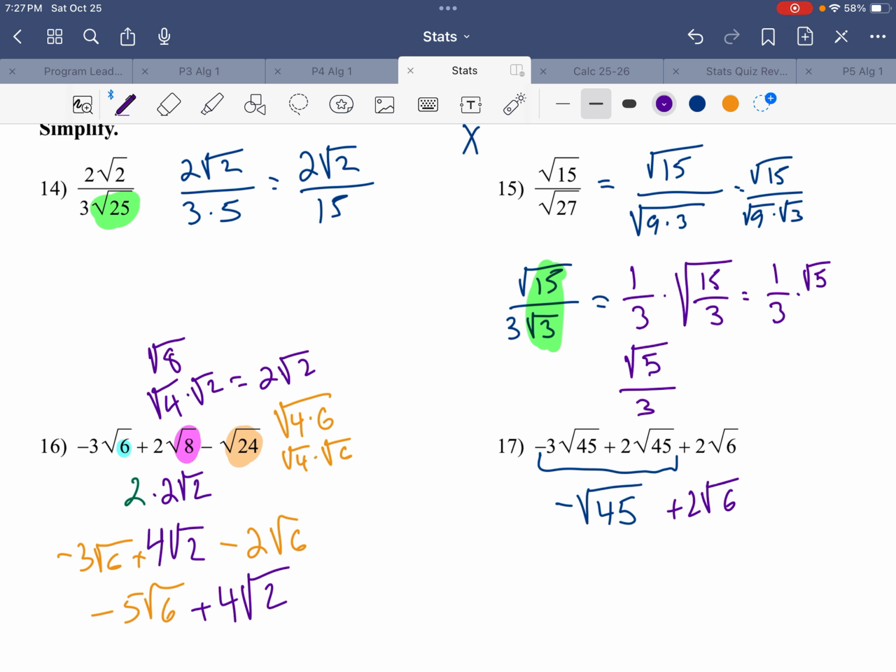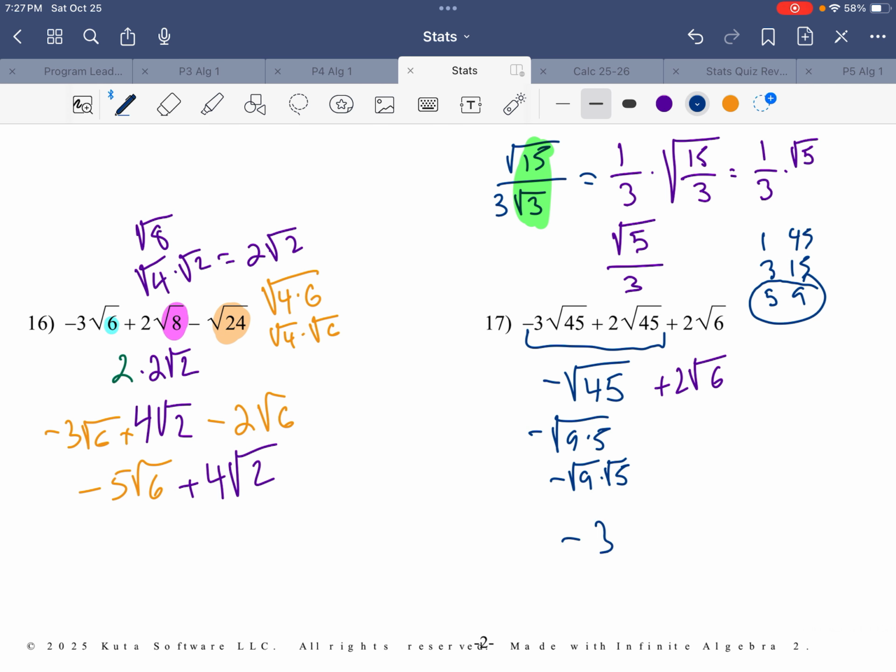Now I need to simplify the square root of 45, which when I think about numbers that multiply to 45, 1 and 45, 3 and 15, 5 and 9, then I've exhausted all the options. The only example here that I have for a perfect square is going to be 5 and 9, so it's like negative the square root of 9 times 5, or negative square root of 9 times square root of 5. So this becomes negative 3 square root 5 plus 2 square root 6.